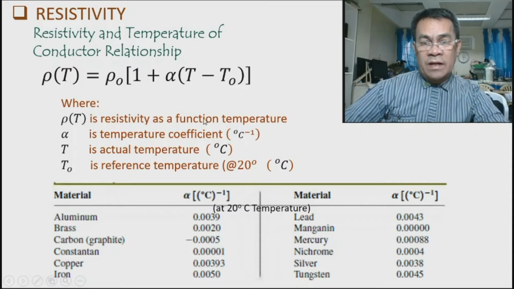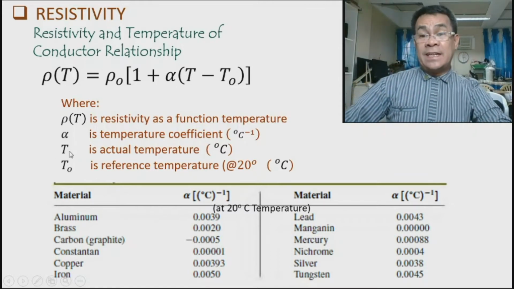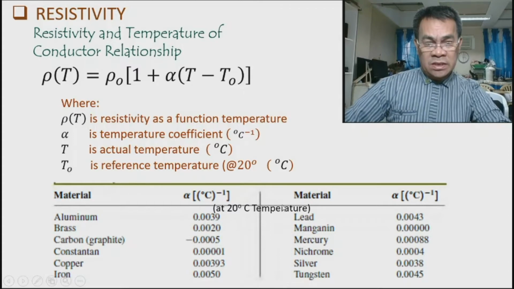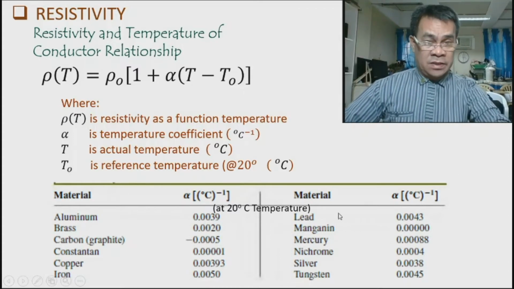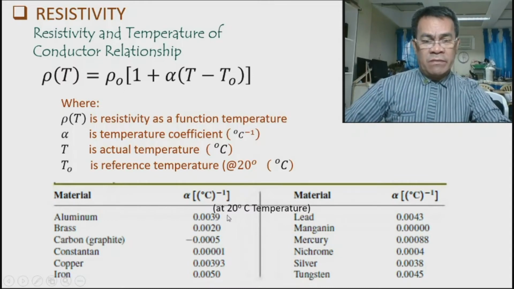This is alpha. Take note of this. This is the temperature coefficient. And T, again, is the actual temperature, while T naught is the reference temperature, which is 20 degrees Celsius if you use the table. If there are other references, then you can do it, but you have to use the specified temperature. In this case, these are the available data we need to use.